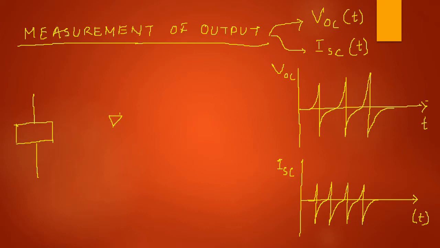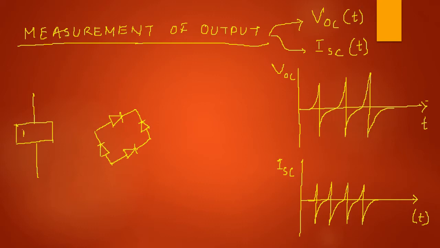You have a rectifier circuit which is made from diodes, which you need to prepare from electronics, and this has to be connected to rectify the output.